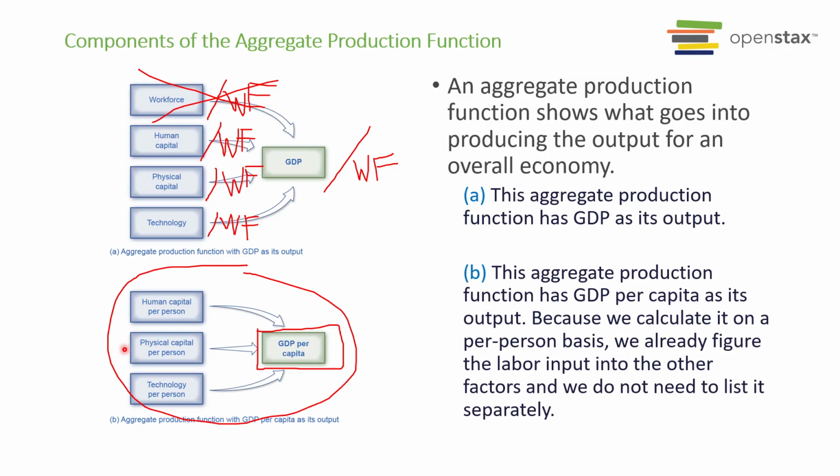So maybe we'll make it favorable for businesses to start investing in their workforce. And we want technology per person to increase. So we want the government maybe to sponsor research by the NIH or by other university systems. You know, the public university system is paid for largely through tax dollars. And so that's one of the ways we can try to increase technology per person, is by funding these things. So you notice these things have positive benefits to them. So we do want these things to happen. So it might help if we subsidize them with tax dollars.